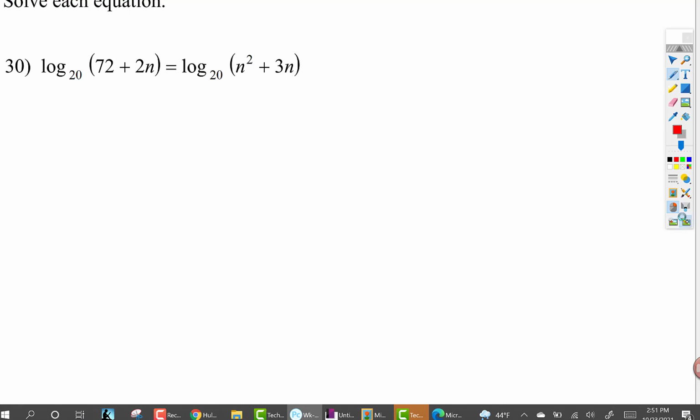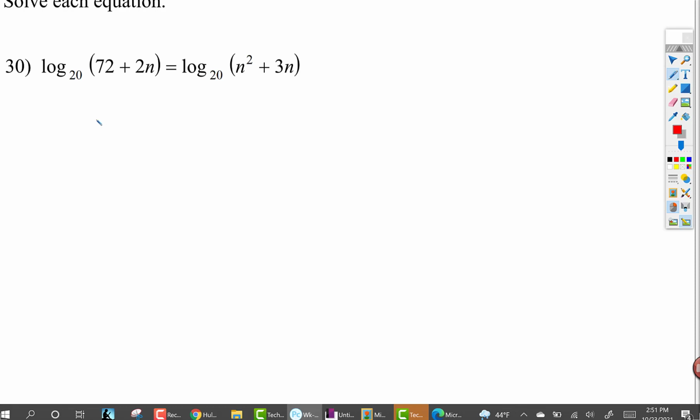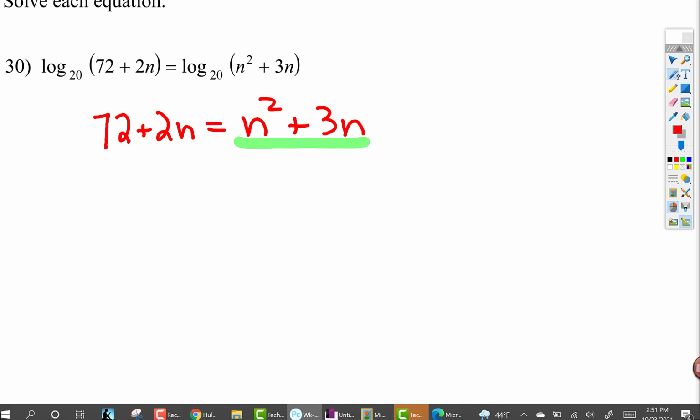Okay. So notice that they both have base 20, so I can just bring down the argument. Ooh, we have a quadratic. So that means we need to get everything to this side because we have to solve using a quadratic.